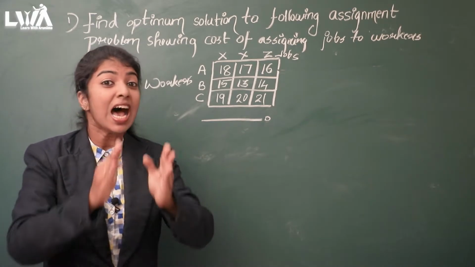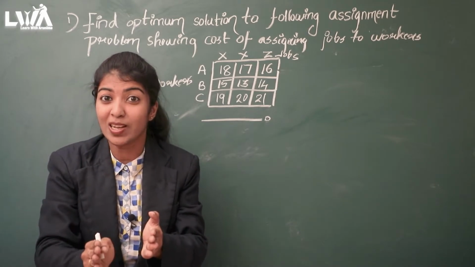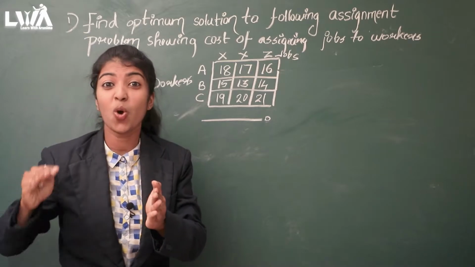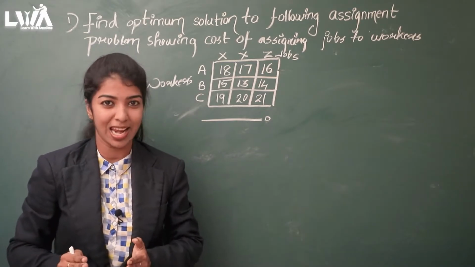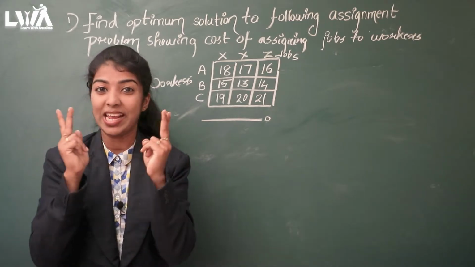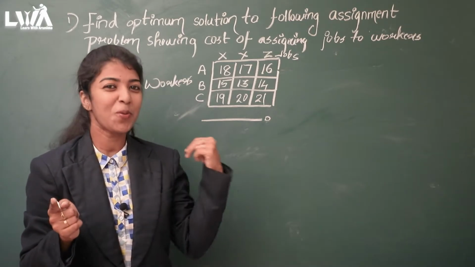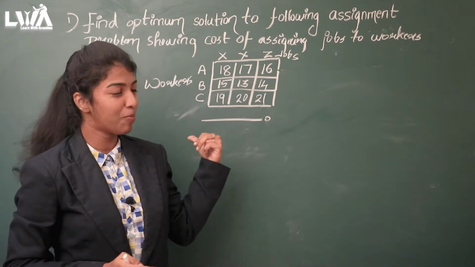The second step is to check the column, find the lowest element in that column, and subtract that lowest element from the other elements. These are the 2 main steps. So I think no one has gotten anything yet. We can learn together by writing it on the blackboard.